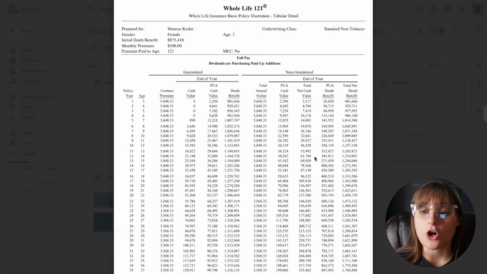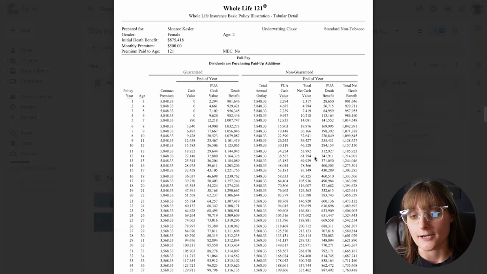Let's say Monroe is starting this at $500 a month and later on down the road, she wants to switch it to annual premiums. She can do that. She can change it to $6,000 a year whenever she wants. It's just a quick call into the insurance company at the home office, saying, hey, I want to update my mode of premium here.